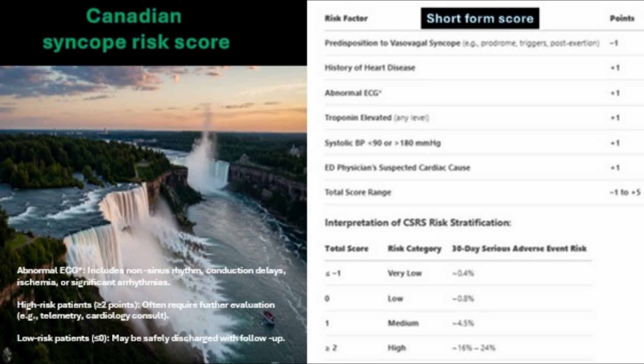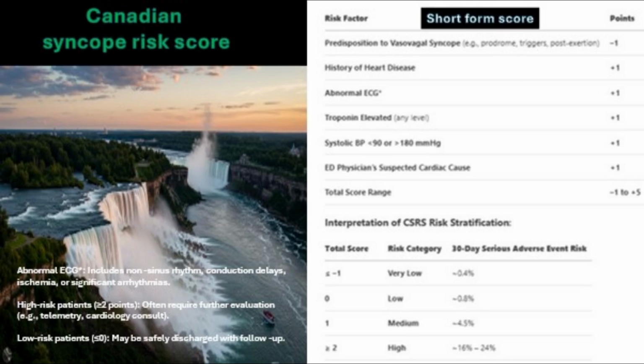The Canadian Syncope Risk Score is designed to predict the 30-day risk of serious adverse events in adult patients greater than or equal to 16 years old, presenting to the emergency department with syncope within 24 hours of the event.